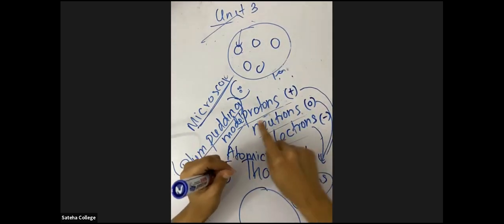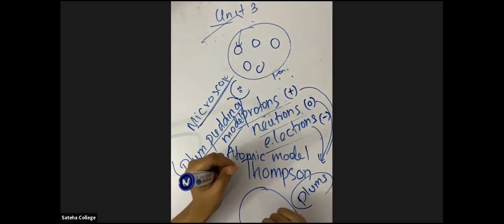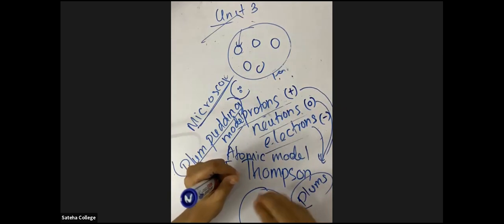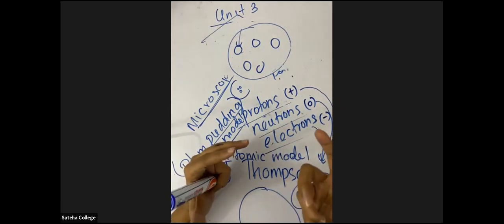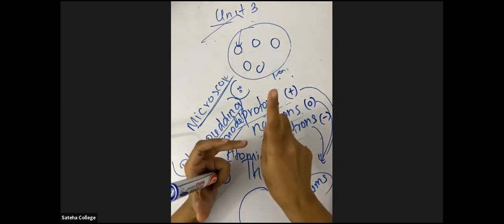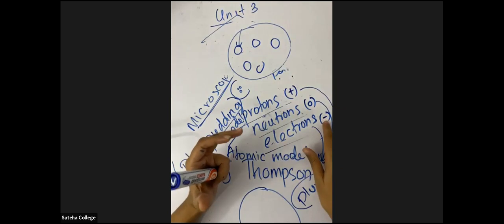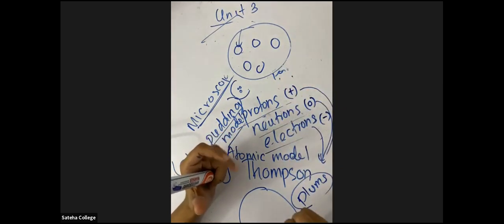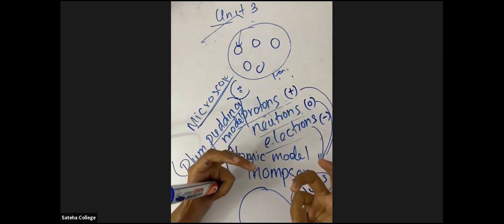But here, proton, neutron, and electron, are they the same, like the plums? No. Why not? Because proton is positive, neutron has no charge, and electron is negative. Can they be the same? They can't be the same.